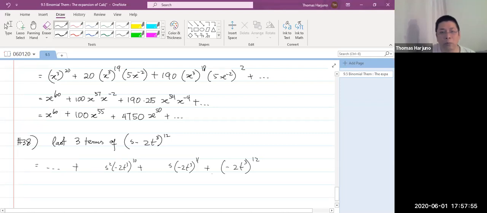The coefficient will be an invisible 1, then 12, and then this one will be 12 choose 2, which is 66.